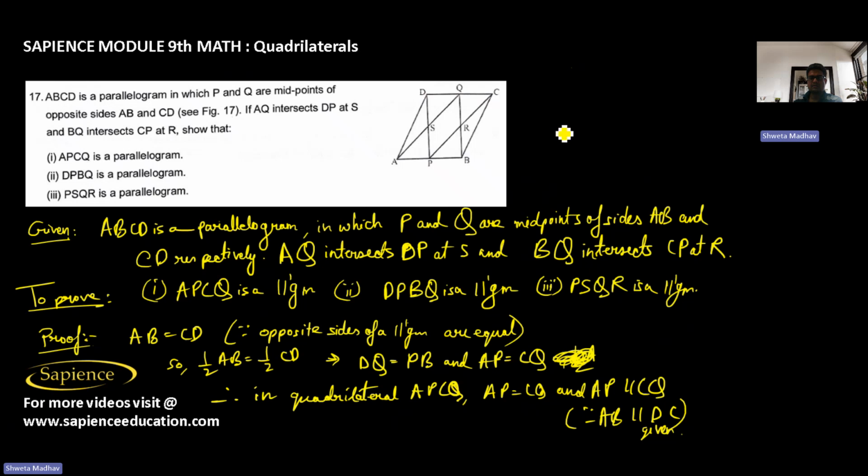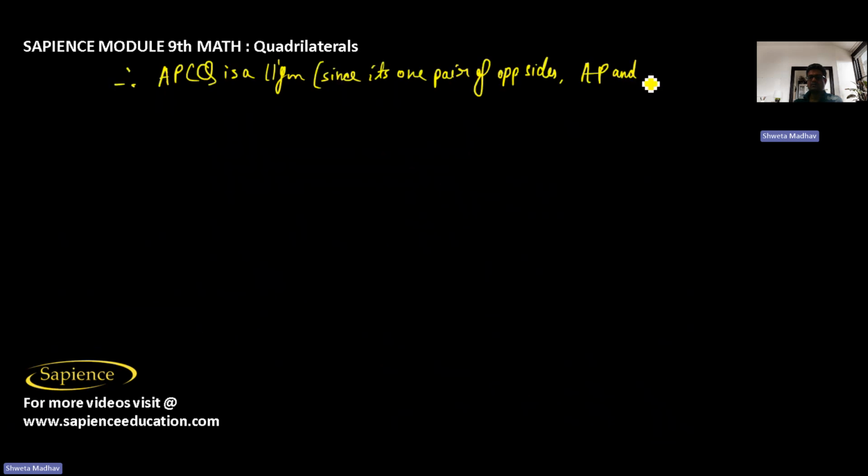So therefore, we can say that APCQ is a parallelogram since one pair of opposite sides, which are AP and CQ, are parallel to each other and equal to each other.